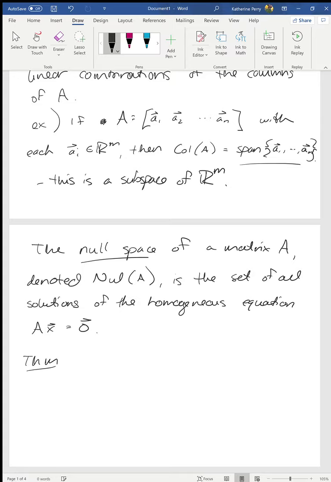So theorem, the null space of an m by n matrix is a subspace of Rn.